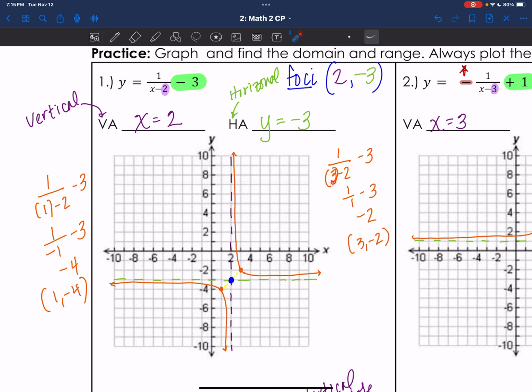And in this case, when x is 3, y is -2. And that's where I got that point. And then I'm going to go the other direction. I'm going to go 1 over from the focus, and I'm going to put a 1 into this equation, and then I will get -4. So when x is 1, y is -4, and that's this point. And then go ahead and just graph them, but you don't want to touch. Get very close, but don't touch.